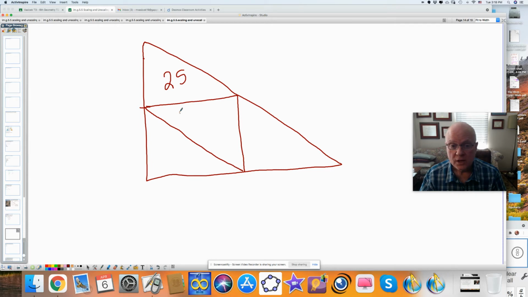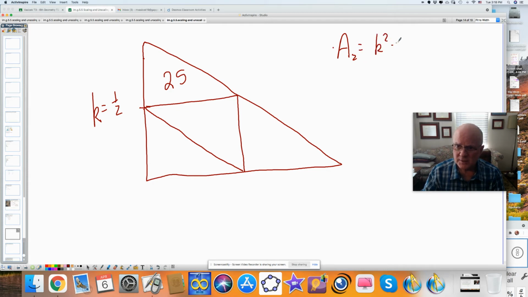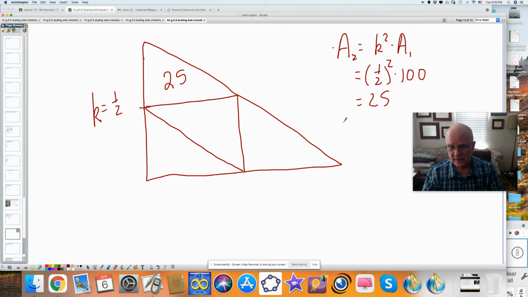That's true. My k value is 1/2, because I'm cutting it in half this way and half this way. So my area 2 is equal to k squared times area 1. If I have 100 and I multiply it by 1/2 squared, then I get 25. That's what Mai did instead of Lynn.